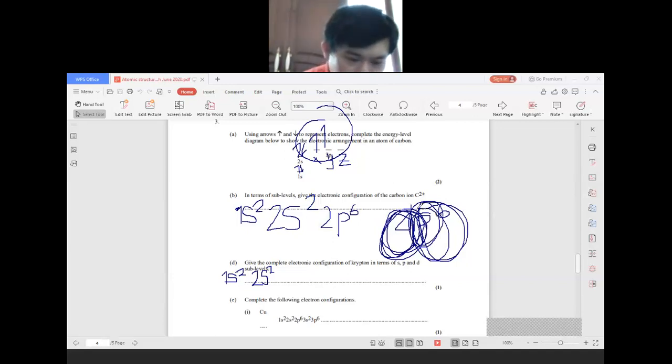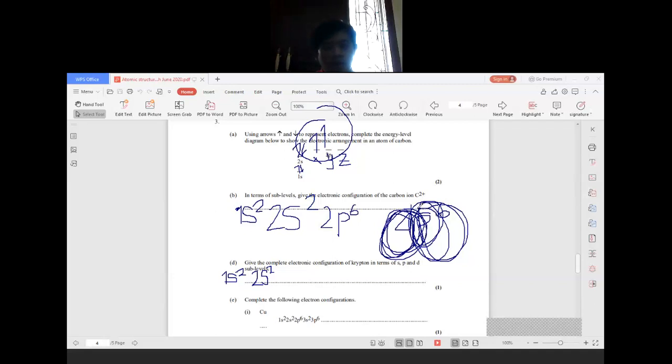Is it a group of metal, non-metal, or transition metals? If it ends with a p orbital, it means it is a non-metal.